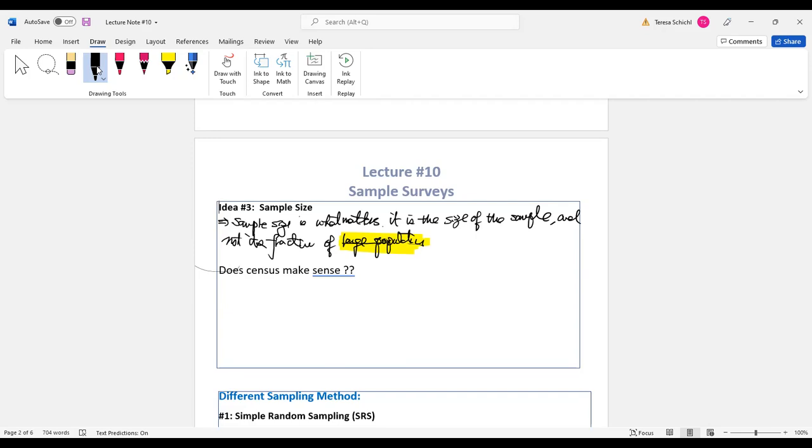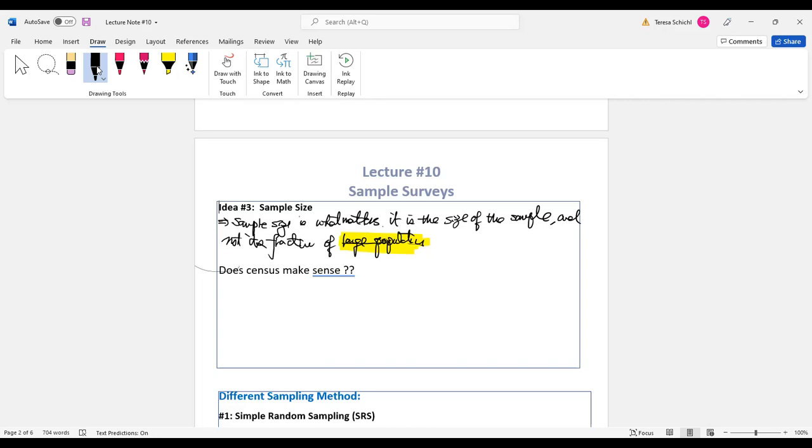So from the statistics point of view, the rule of thumb is that we treat the sample size as n equal to 30, because taking a sample is very expensive also. So you want to balance that. You want a large enough sample size, but you don't want to spend so much money on that, right?